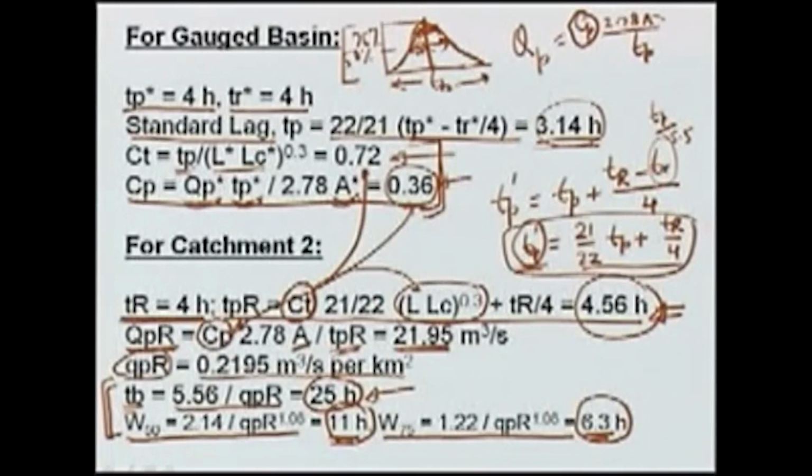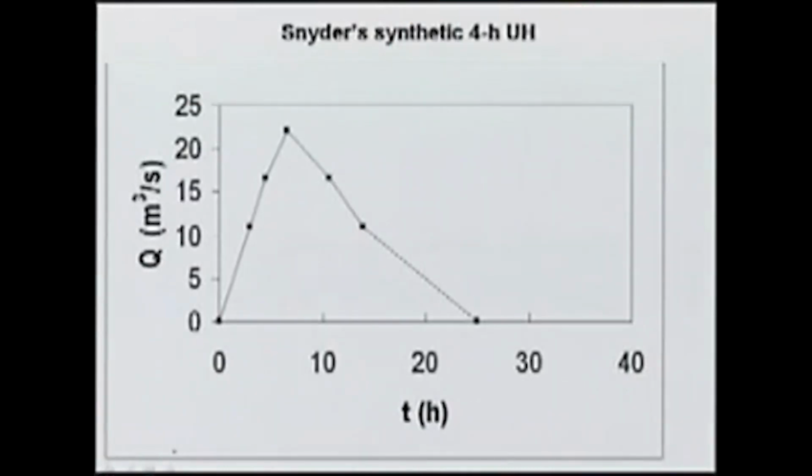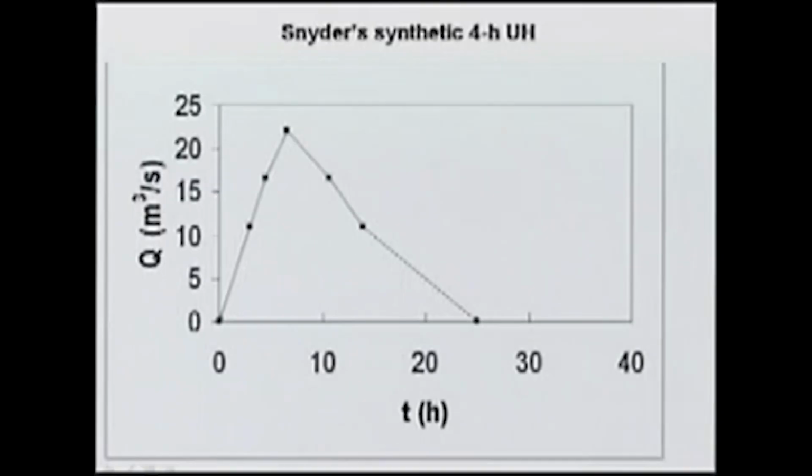Using this data, the time base, W50, W75, peak discharge, and the lag of 4.6 hours, we can plot a few points and then join them by a smooth curve to obtain the synthetic unit hydrograph. In this case, 0 and 25 are based on the time base of 25 hours.